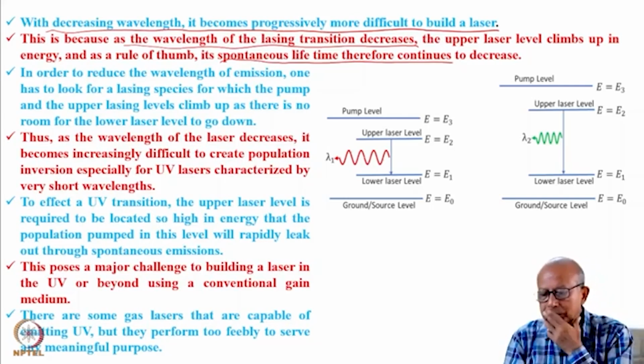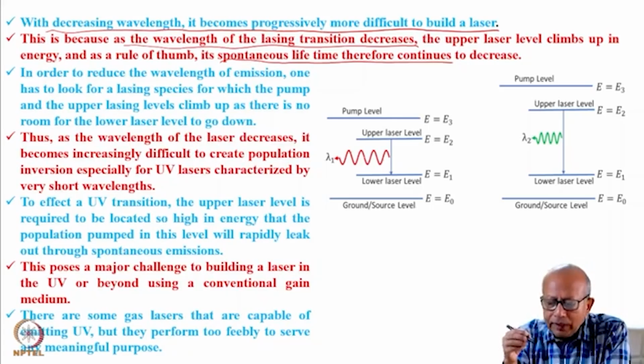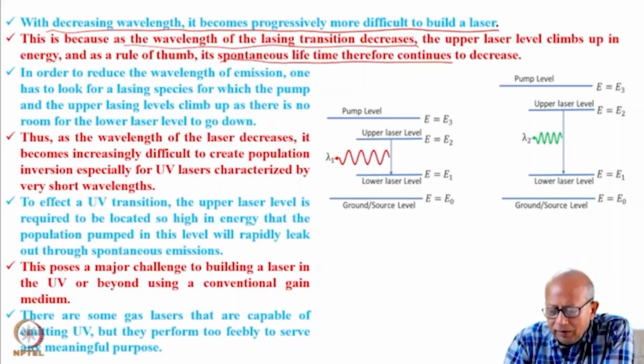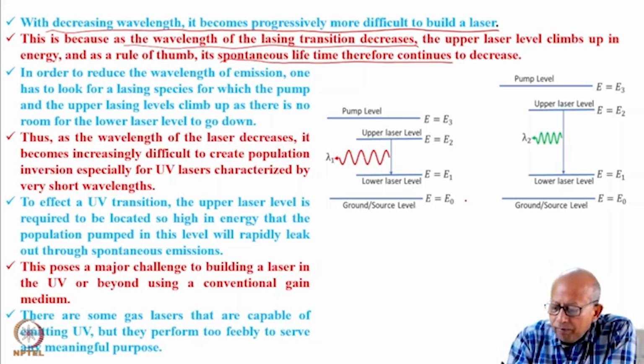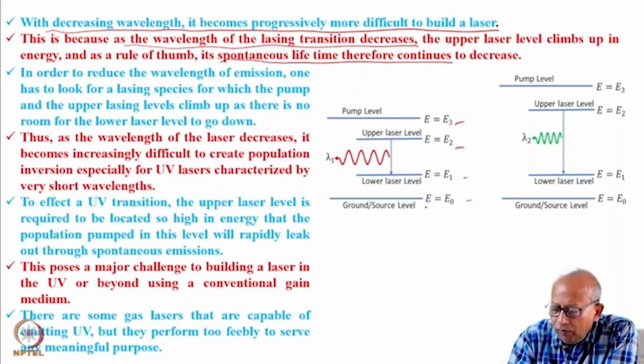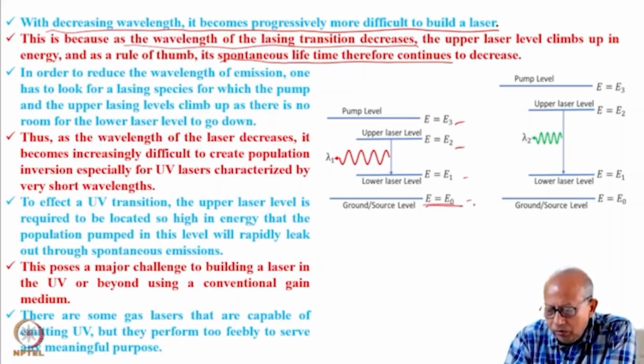Let us consider a typical laser that operates on the basis of a 4-level energy scheme. This is the ground level, which is characterized by energy E equal to E0.